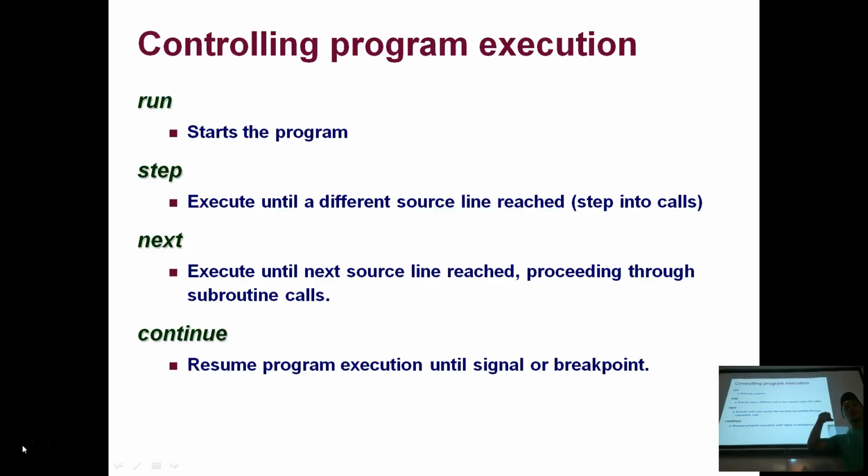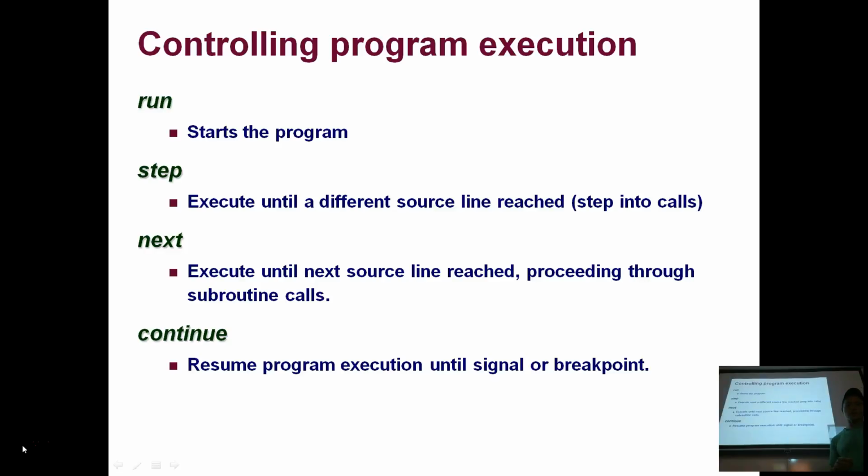That is a bigger hop because, for example, if you are pointing at a function call and you do step, you will step into that function call. If you do next, you'll execute that function call, return, and break on the line after it. I'll show you a walkthrough of this at the end. So those are the two ways of single stepping through your program.